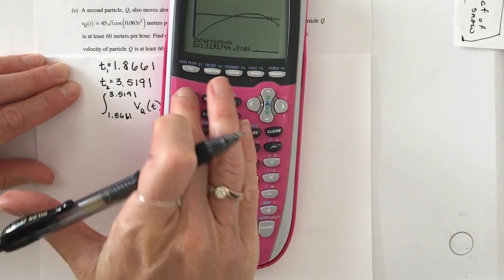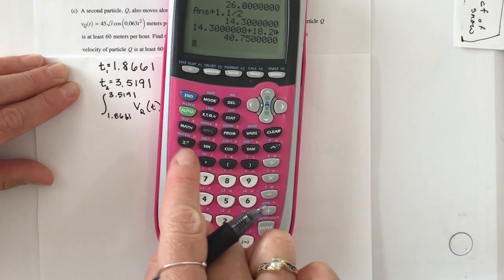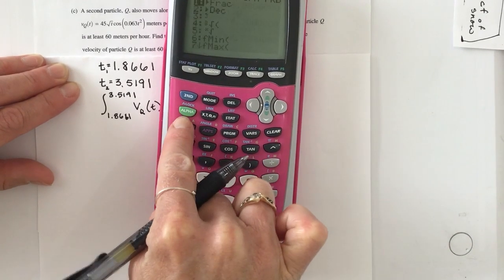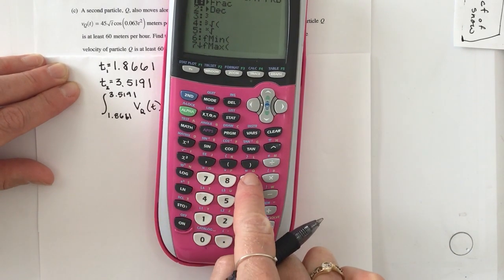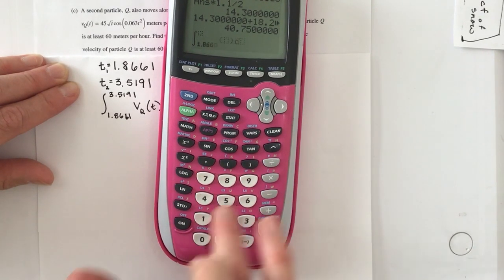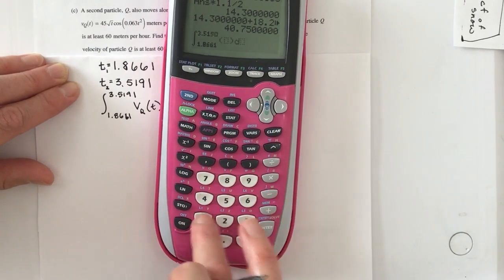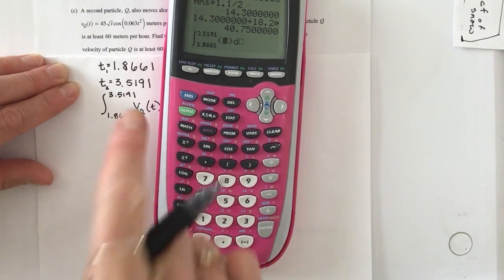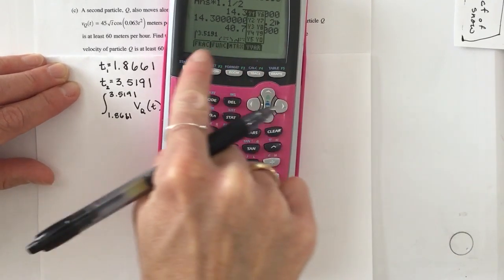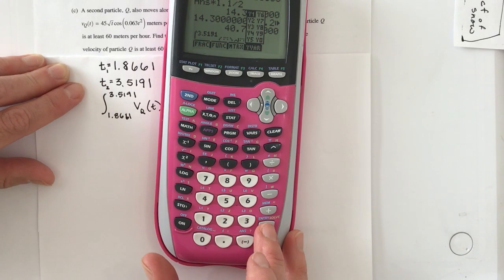Okay, so we're going to quit out of there, and we are going to math. You remembered 9, yes. And we're going to plug in 1.8661 to 3.5191. And remember, it was our Y1 that had that. We already plugged that in.